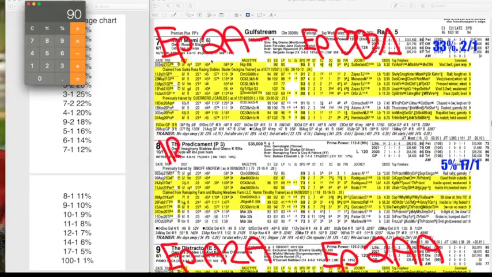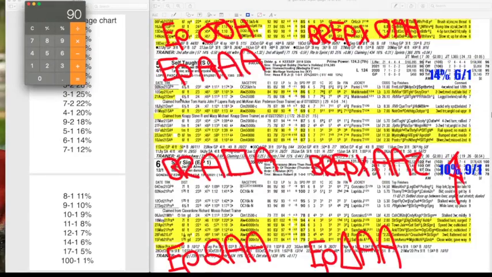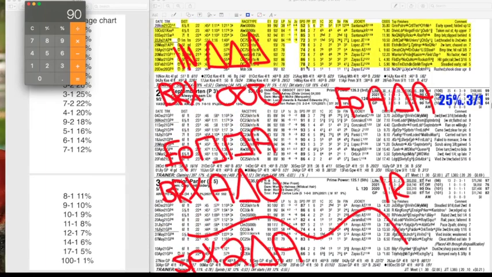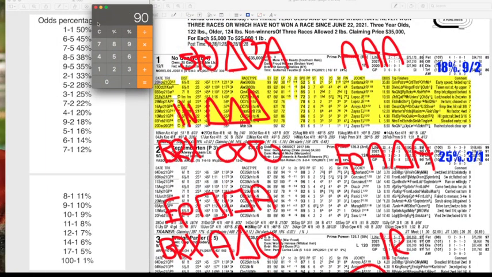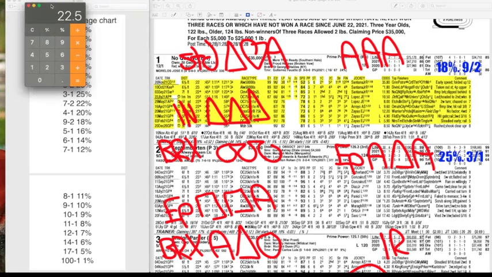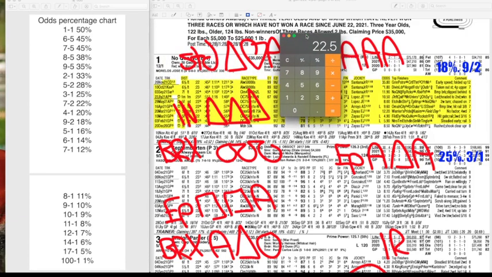And I would have the 1, 2, 3, and 4 horses left. A lot of times when I get past that, I'll take the 90 and just divide it by 4 to see what the fair price is if all of those were equal. 22.5%. So right now, if I couldn't go any farther, I'd look at 22%, and they would all be 7-2. But I did have a little bit more of an opinion here.